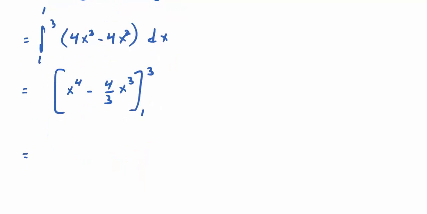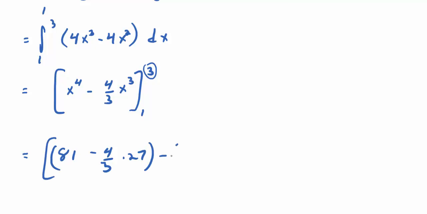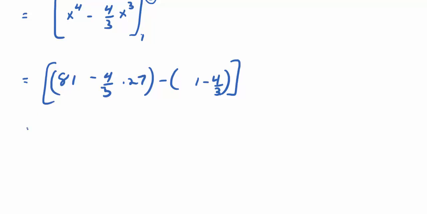When you plug in the upper limit, you get 3 to the 4th, which is 81, minus 4/3 times 3 cubed, but that's 27. And then subtract off what you get when you plug in 1, which is 1 minus 4/3. Then we just have to figure out what this is, and we're done.